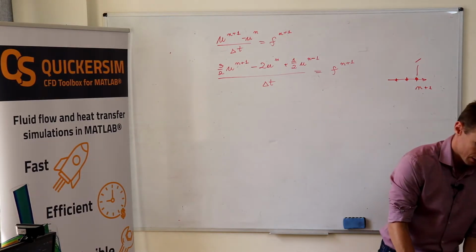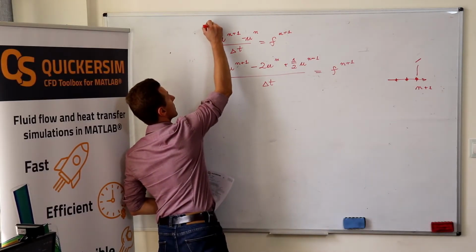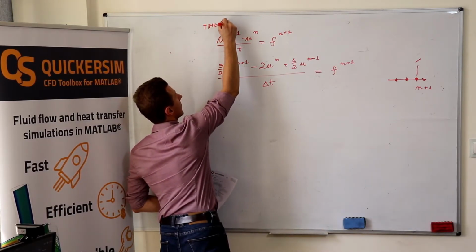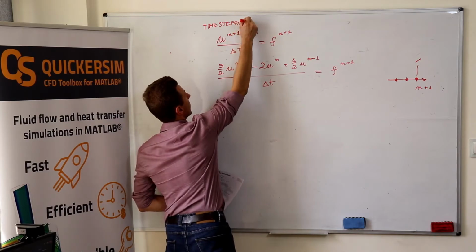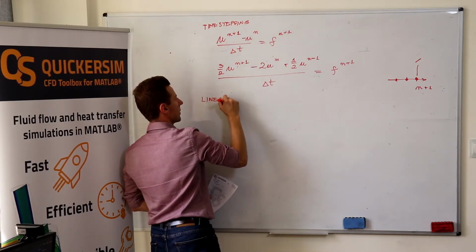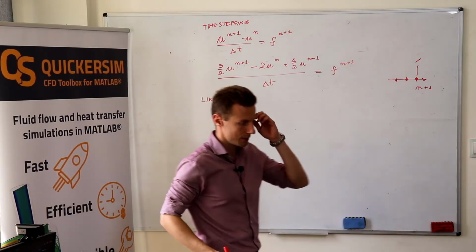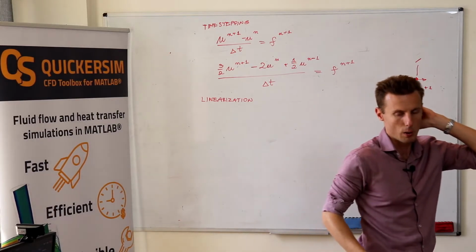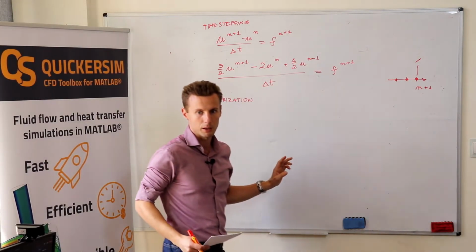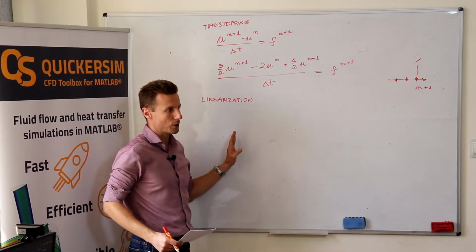Now, the second topic, an important one. This one was time stepping. The other one is linearization. We already have discussed linearization quite a bit when talking about the steady state and unsteady state Navier-Stokes equations.